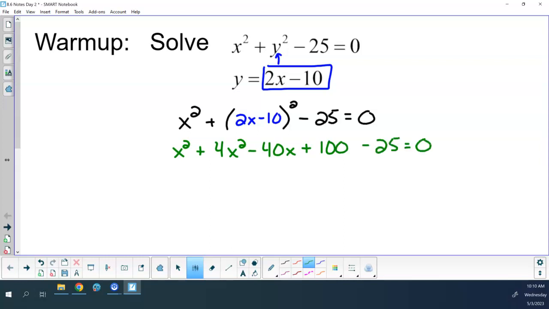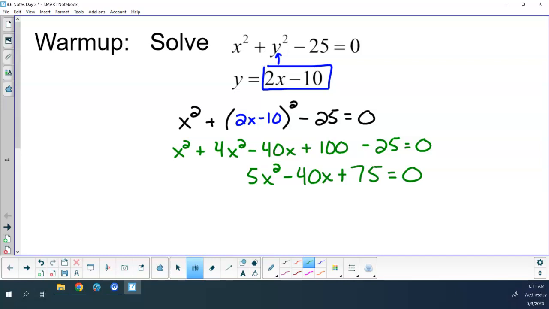Let me check my math. 2x quantity squared is 4x squared. 2x times negative 10 is negative 20x, times 2 is negative 40x. Negative 10 squared is positive 100. I like that so far. Then that becomes 5x squared minus 40x plus 75 equals 0.